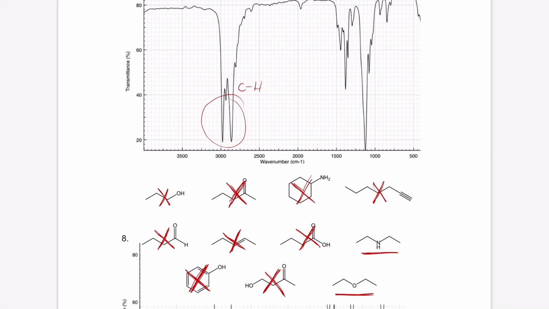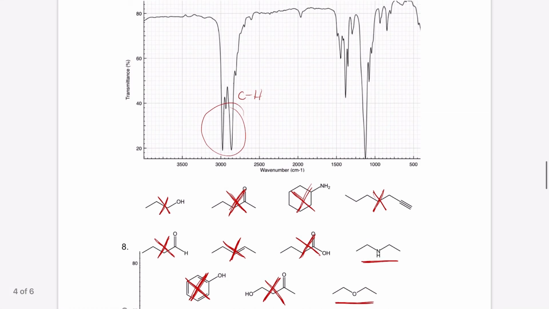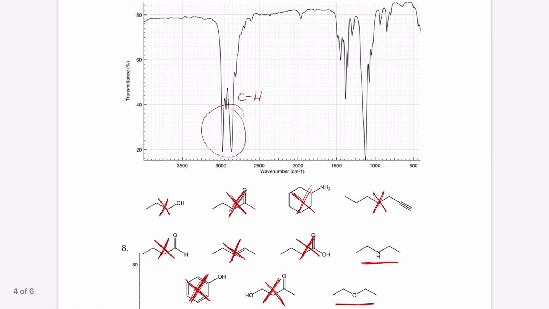So if this spectrum were to be a secondary amine, we would see one single stiff peak around 3300. However, we don't see that. So it can't be our secondary amine.